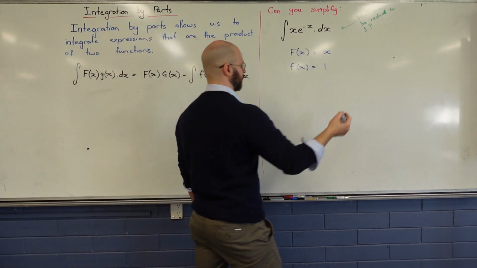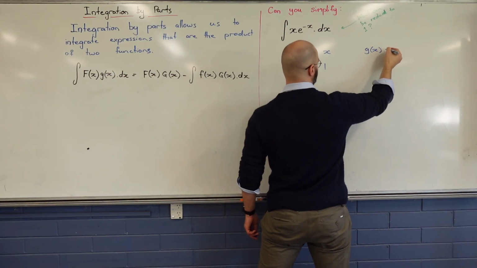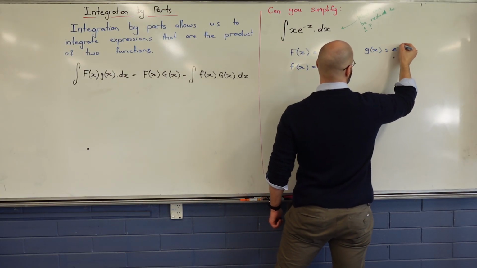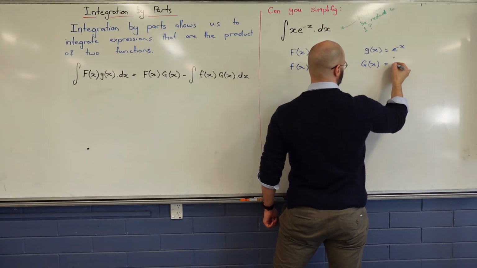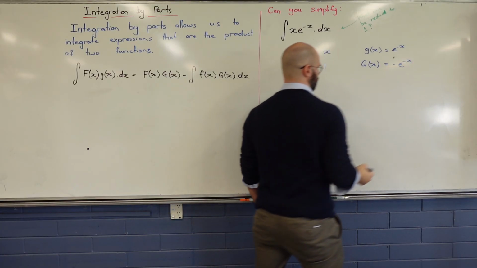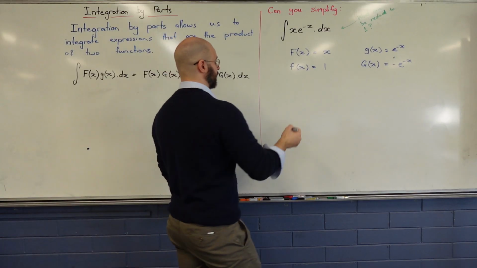Conversely, g of x is what we're going to integrate. E to the negative x integrated is going to be negative e to the negative x. Does that sound okay? Great.